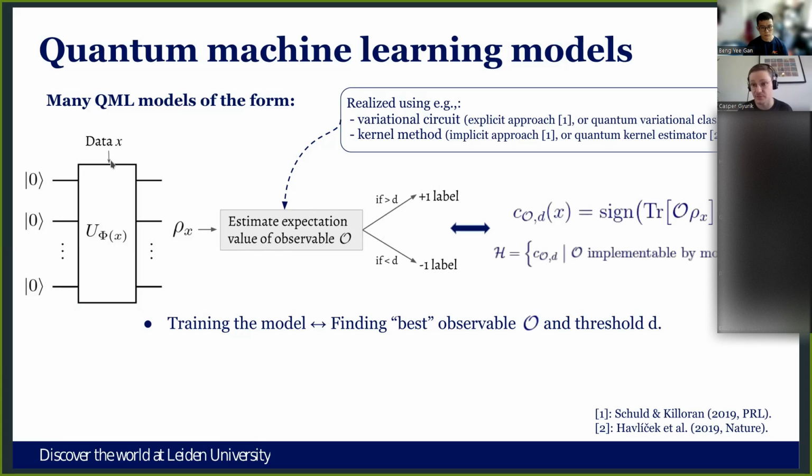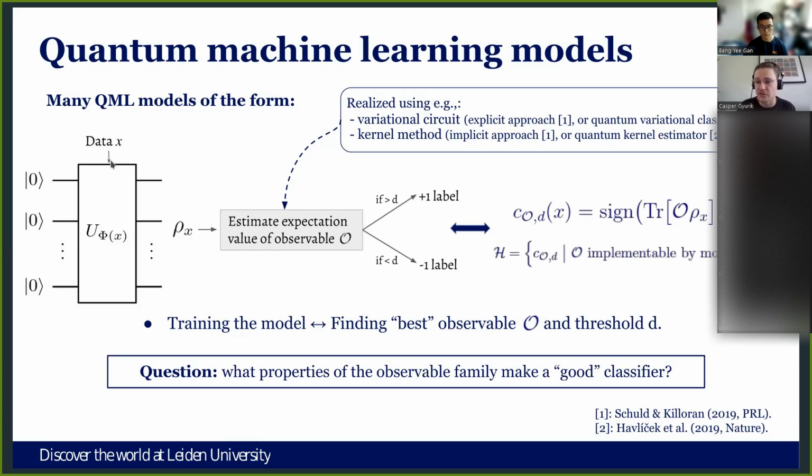And this trace is nothing more than the expectation value minus D, so the sign is basically doing the thresholding. Depending on the model, say the ansatz of your variational circuit, we're going to have a different family of observables as our possible candidate observables to separate the data points.